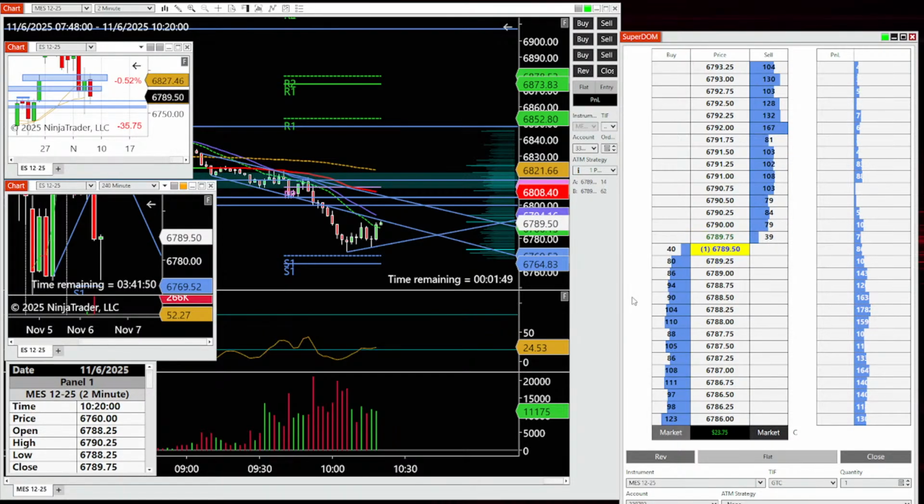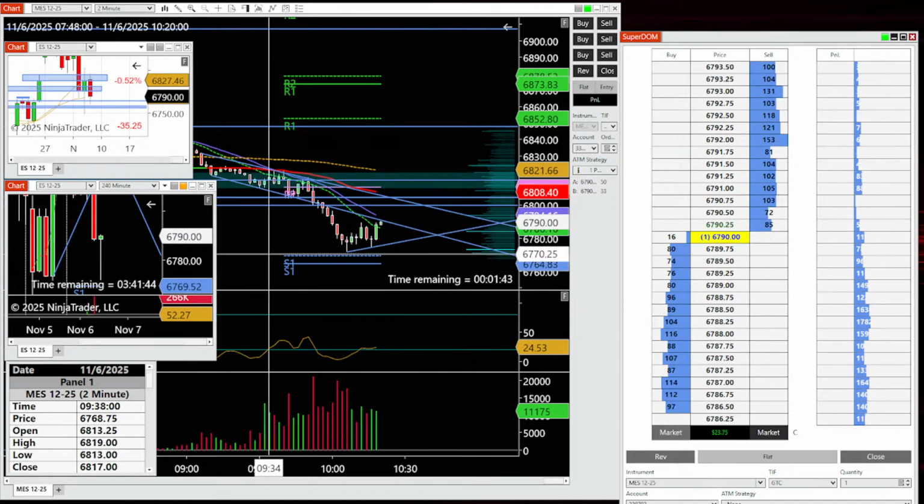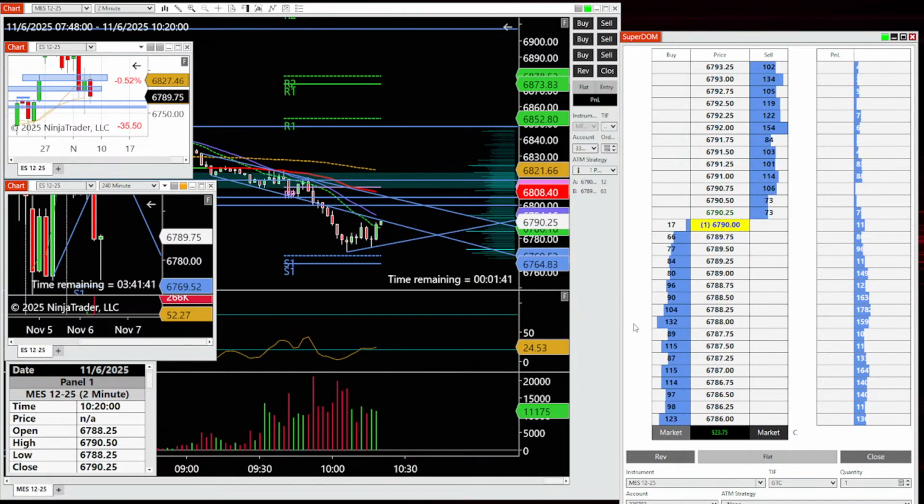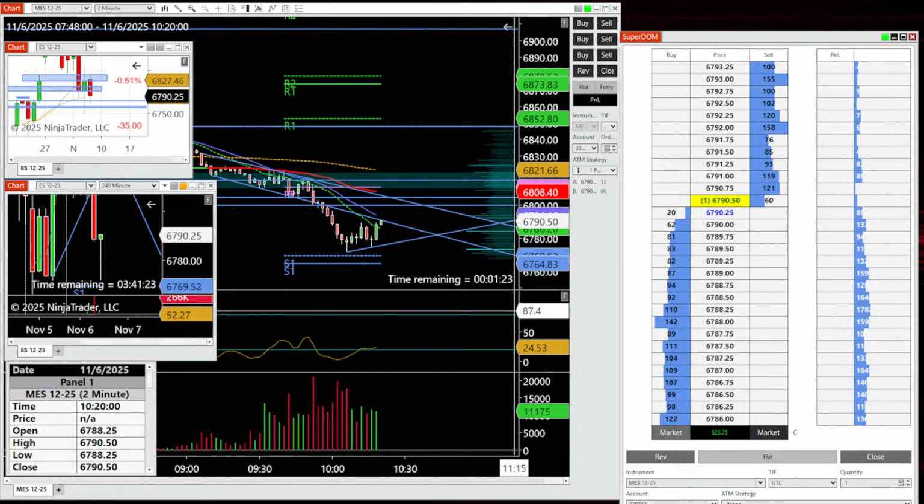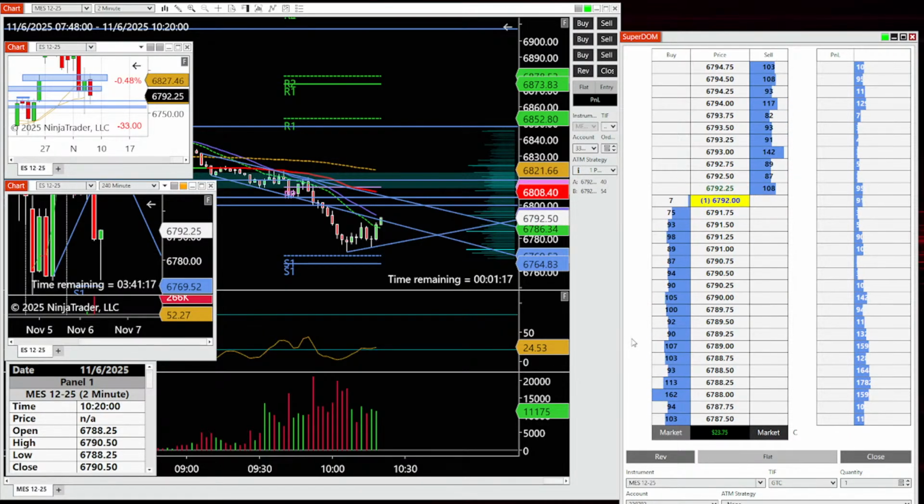I don't want to take the first breaks. There you go. Getting some momentum over 90.